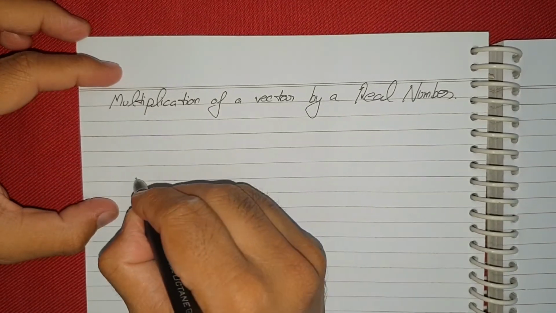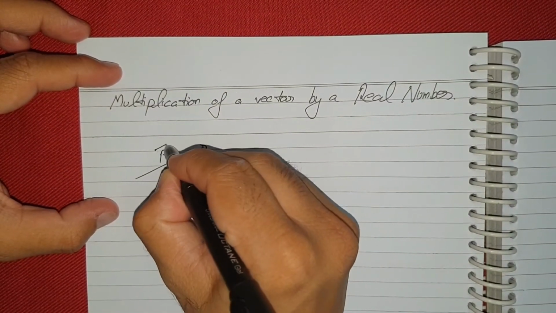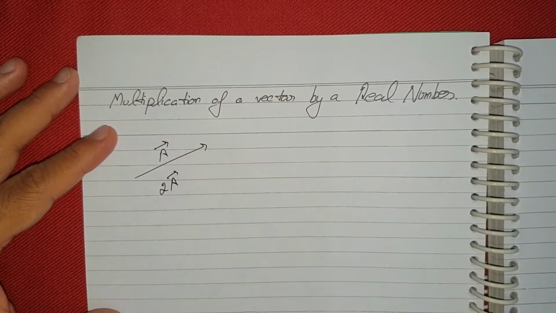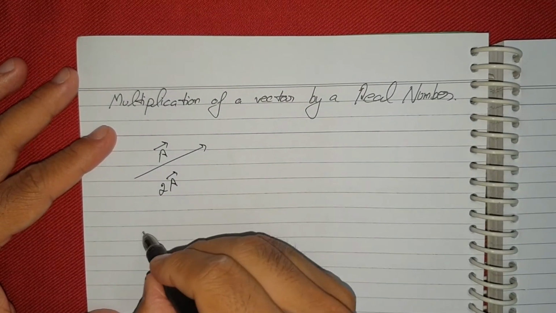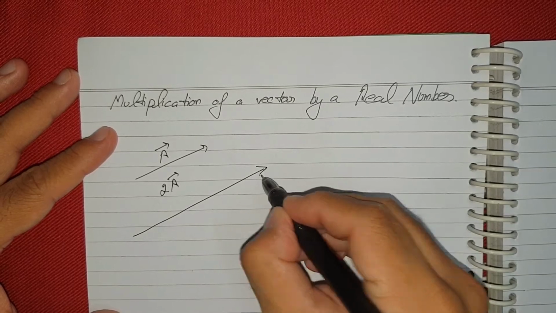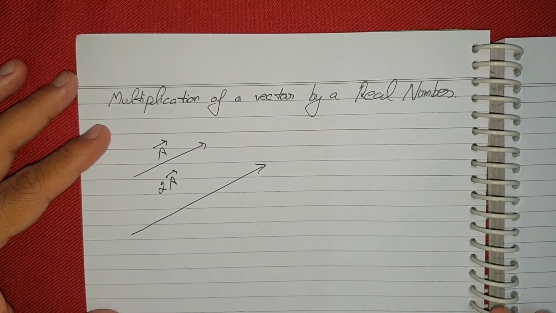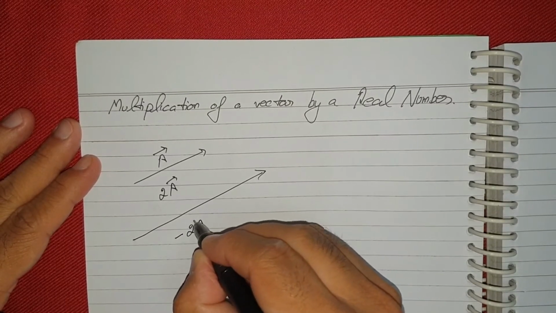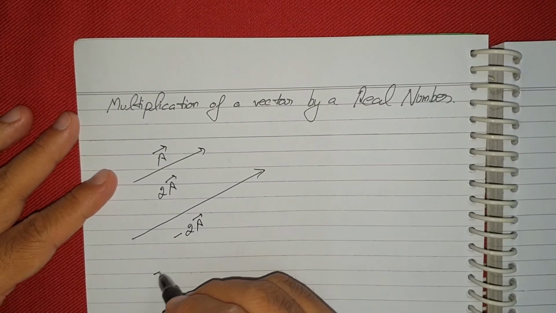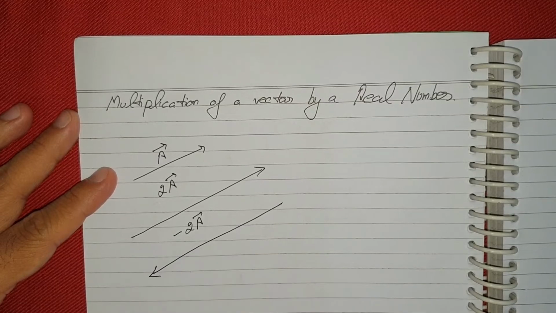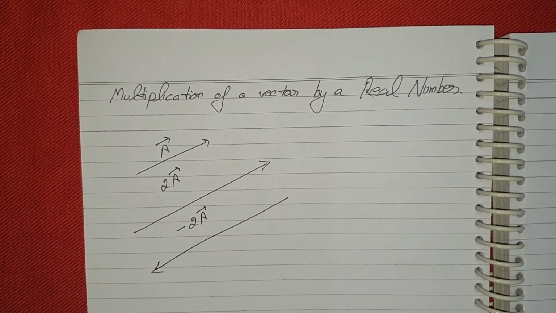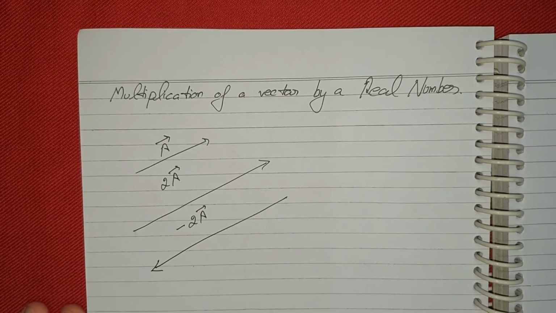For example, this is vector A. What is 2A? This is scalar multiplication. 2A is twice this vector, but the direction remains the same. Similarly, minus 2A is twice this vector, but since it is minus, you get a direction opposite to this.